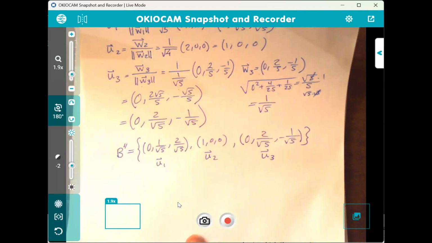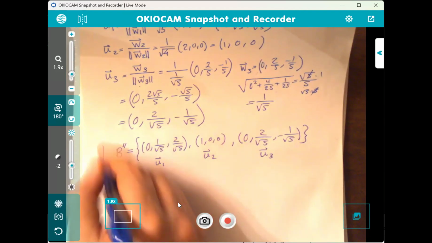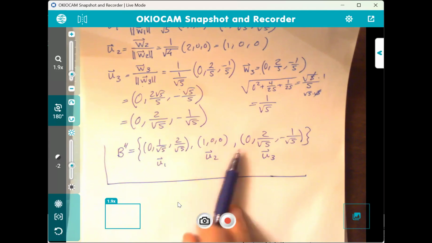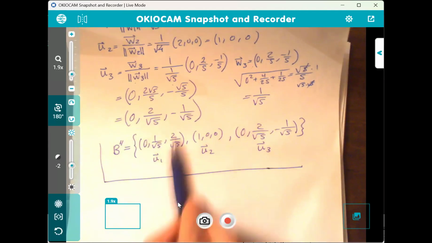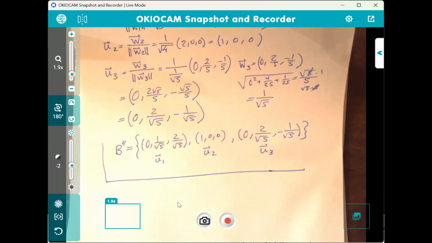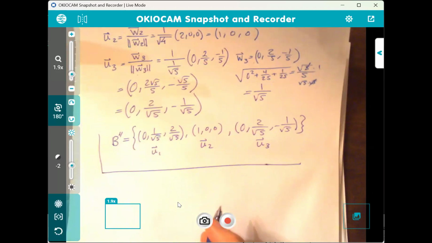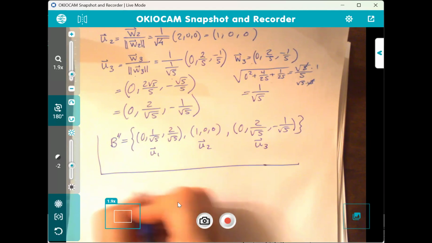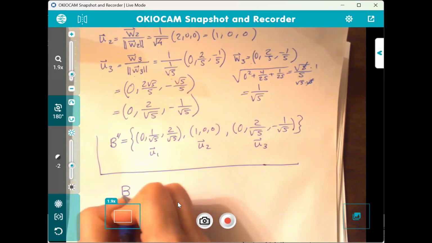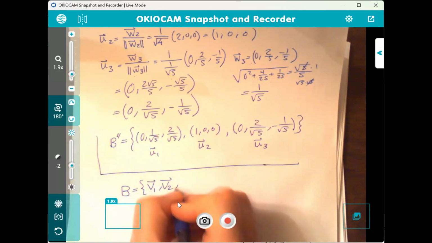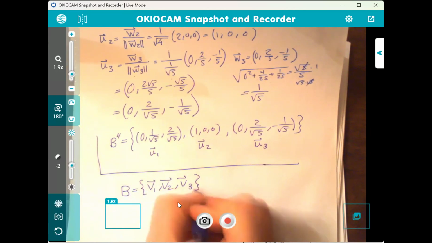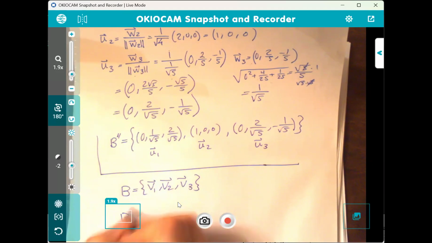You see how that went, folks? And this is the final answer. The set is orthonormal. That means the dot products of these are 0, and the magnitude of each vector is 1. It's kind of like your i, j, k kind of process now. So here's how, again, the process went. We went from set B that was made up of vectors V1, V2, V3. Then we went to set B prime.